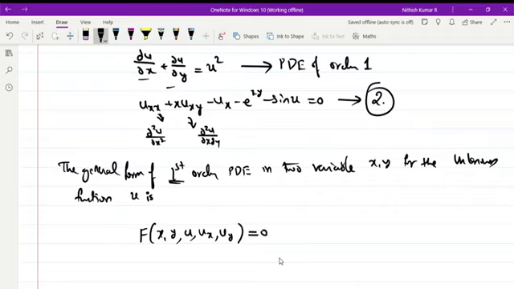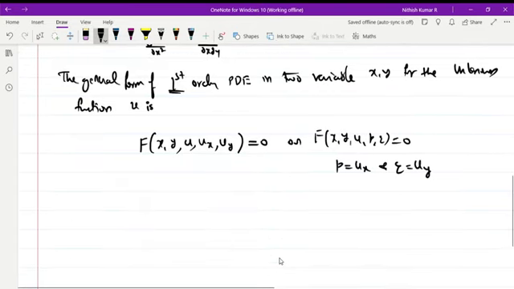So the general form of the partial differential equation is f of x comma y comma u comma ux comma uy is equal to 0, or we are also denoting this by f of x comma y comma u comma p comma q is equal to 0, where p is nothing but ux and q is nothing but uy, and f is a known function.